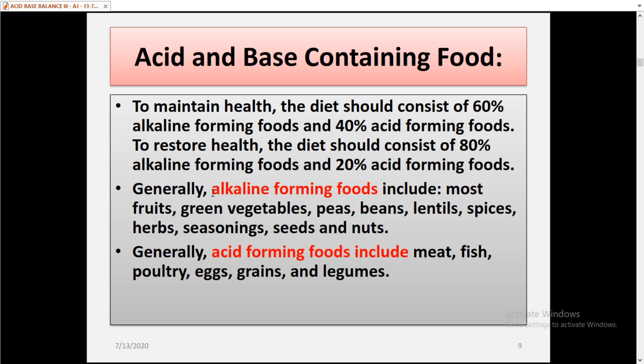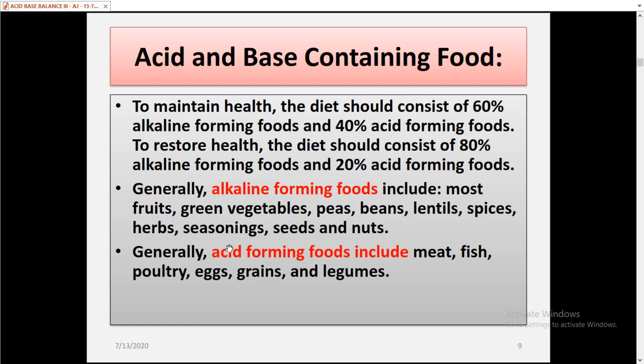Some foods are alkaline in nature, and they are alkaline forming foods like fruits, vegetables, peas, beans, lentils, spices, herbs, seeds, and nuts.